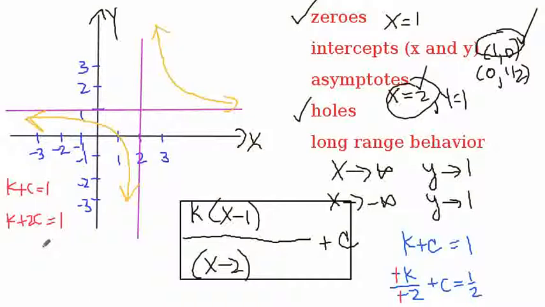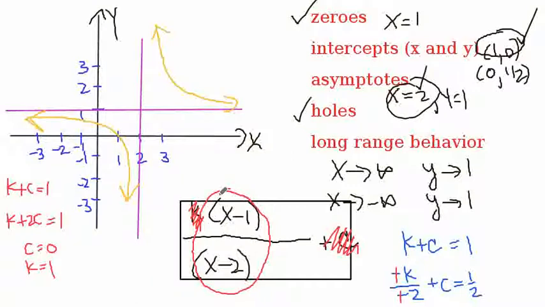So the only way that can be true, if I subtract the top equation from the bottom, I'll get c equal to 0 and k equal to 1. All right, so putting that in our equation, the c goes away and the k is 1, so that goes away. So it turns out it just was x minus 1 over x minus 2.